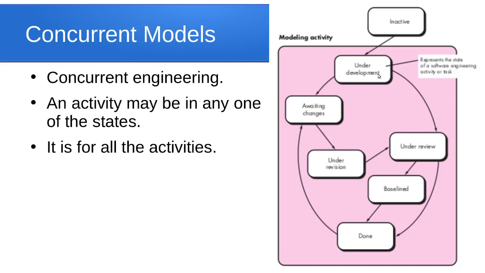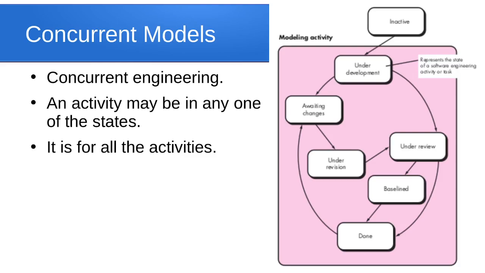So if we are using this process of development of software, where we are keeping track of all the activities going on, all the activities are in a certain state. So we can say that all the activities are running concurrently for this particular project.